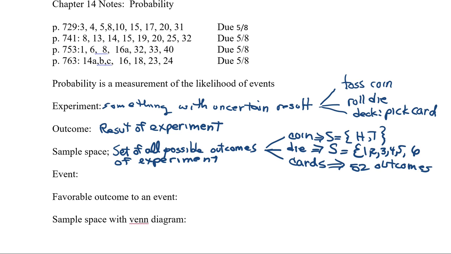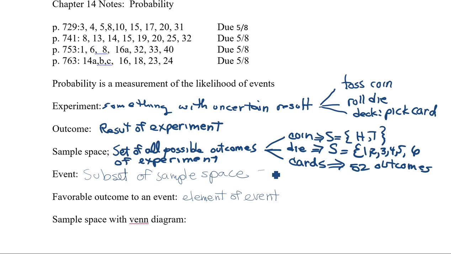An event is going to be defined as a subset of the sample space. And a favorable outcome to an event is an element of the event.